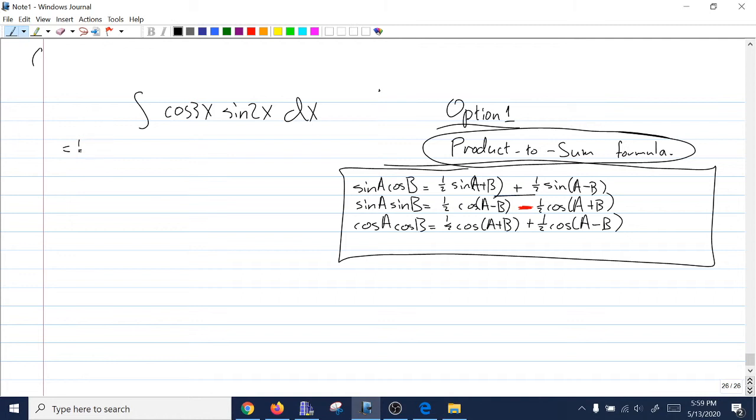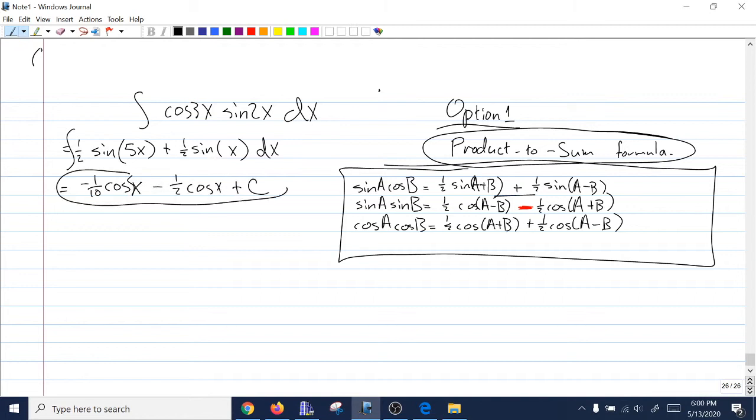So according to the first product to sum formula, this is 1/2 of sine of 3x plus 2x, that's 5x, plus 1/2 sine of 3x minus 2x, that's just x. And this is integrable. Negative 1/10 cosine 5x. Integral of sine is negative 1/2 cosine x. Done. Not too bad.